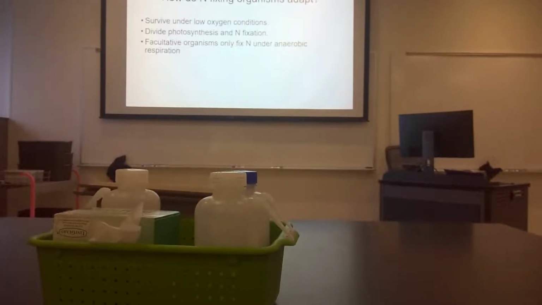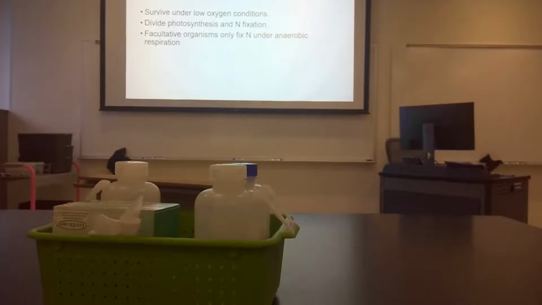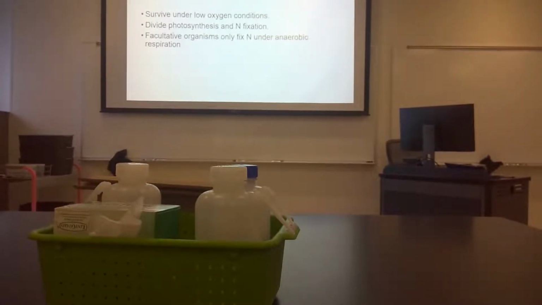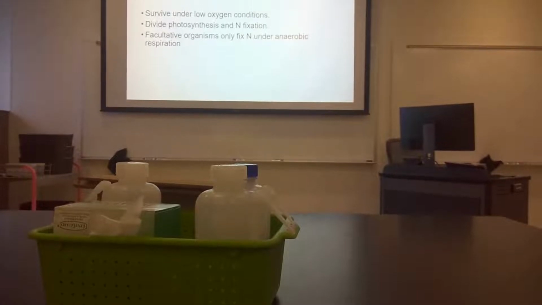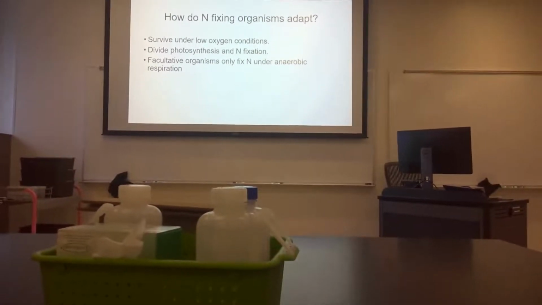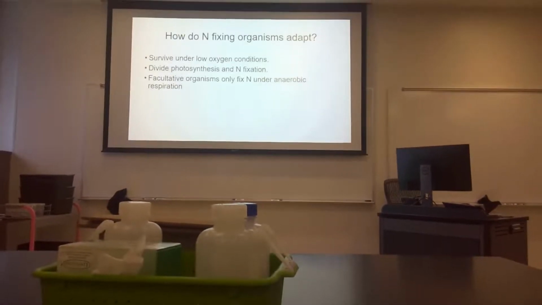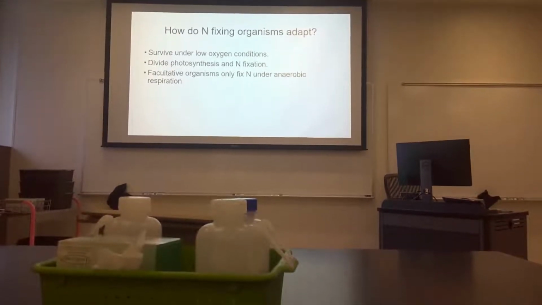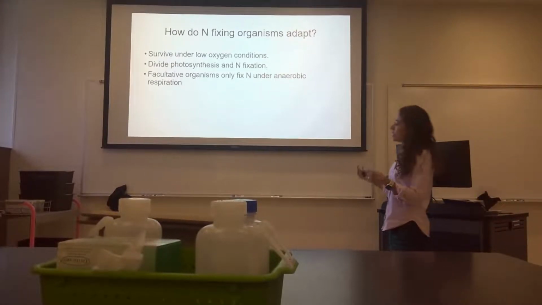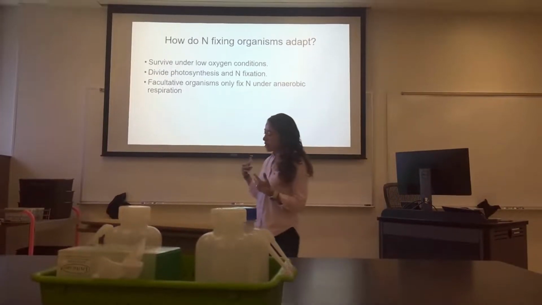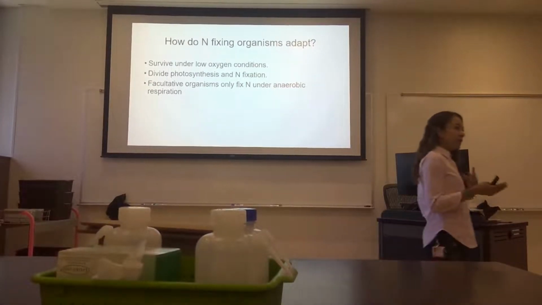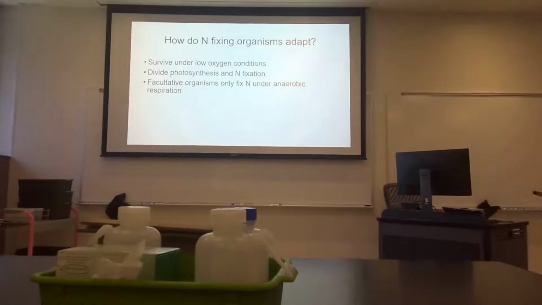Many of them, even the ones that are aerobic, adapt to survive under low oxygen, because it's easier to get just enough oxygen that they can survive. So what they do is they surround themselves. We're going to see some of the parts here with nodules, in areas where oxygen is available just enough for them to survive.